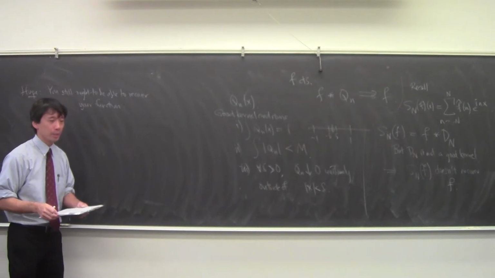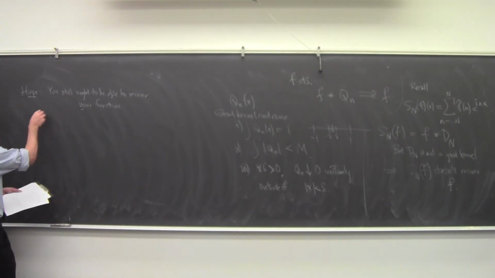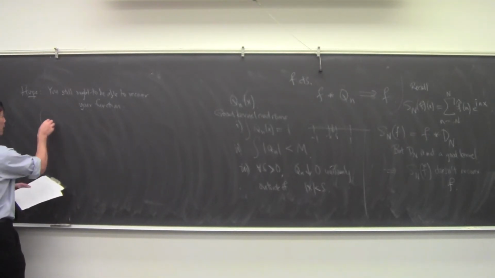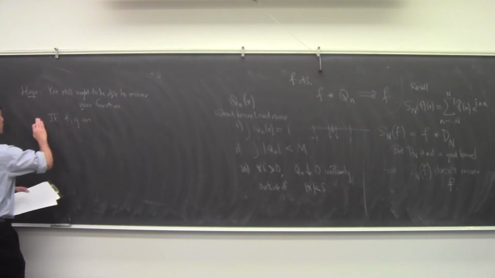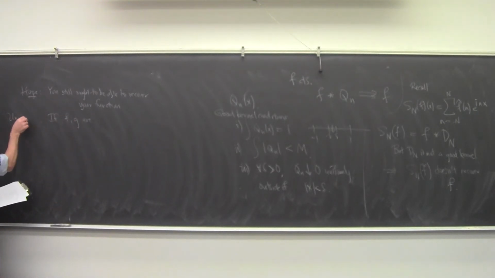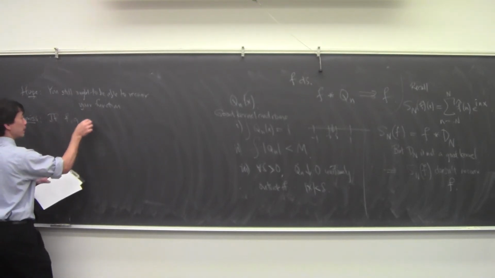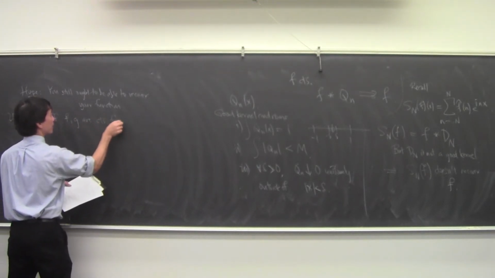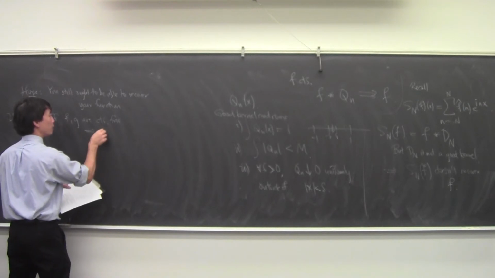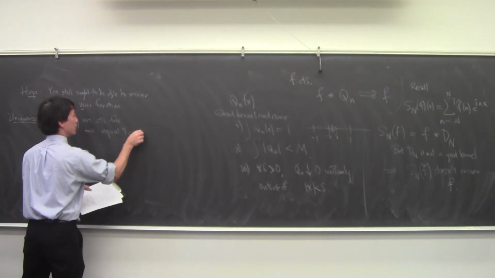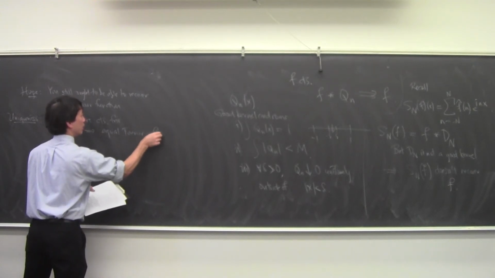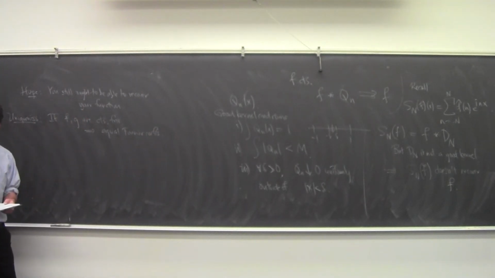And the reason is that there's something called a uniqueness theorem that I was thinking to prove, but I'm in no way going to be able to. If these guys are continuous functions, then they have equal Fourier coefficients.